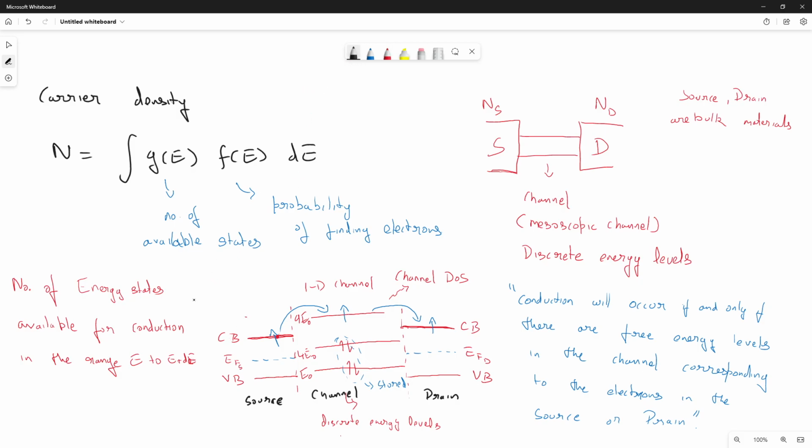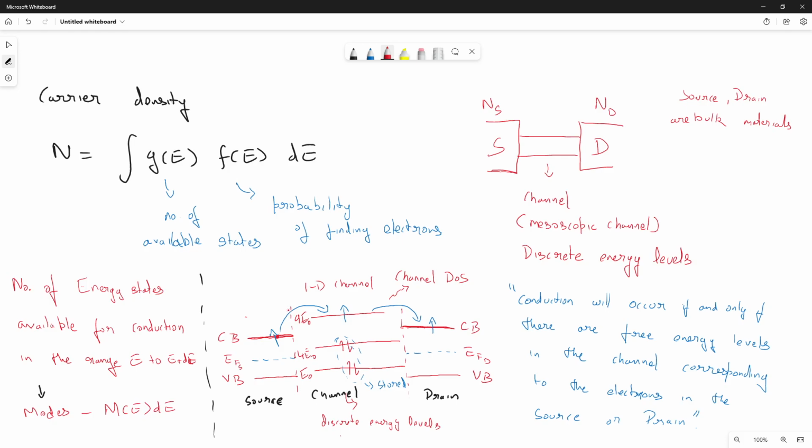Let me just put a small partition here. Now this quantity is what we call the modes. Modes are denoted by M of E. And in this case, the quantity will be M of E dE.